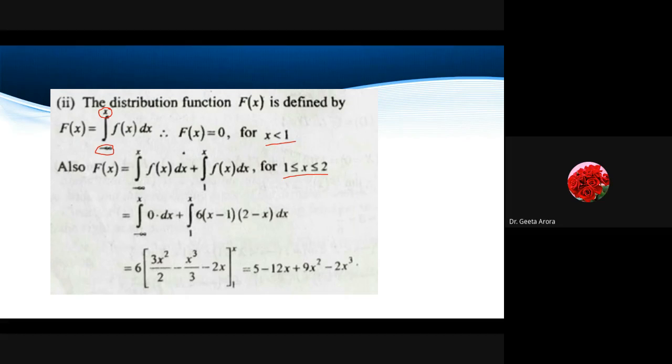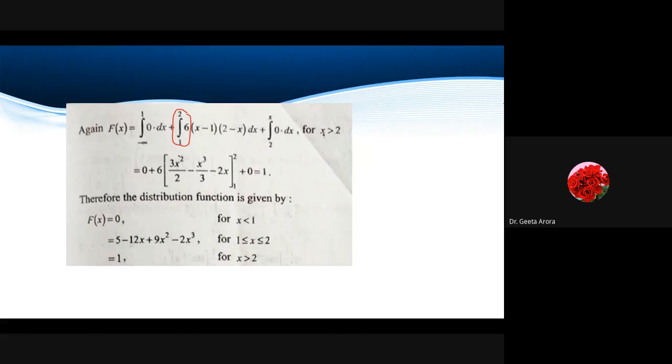Like this, we have to break it. As per the integration rule, we have divided it: minus infinity to 1, and if we are leaving at 1, we start from 1. It is 1 to 2 and 2 to x.